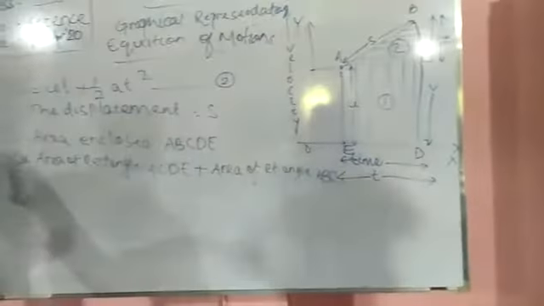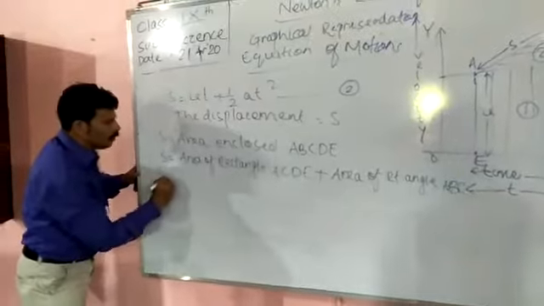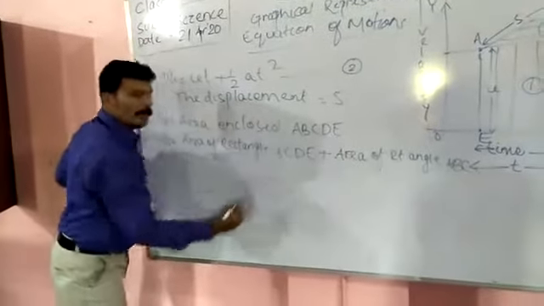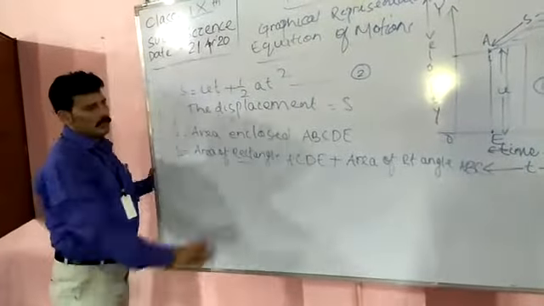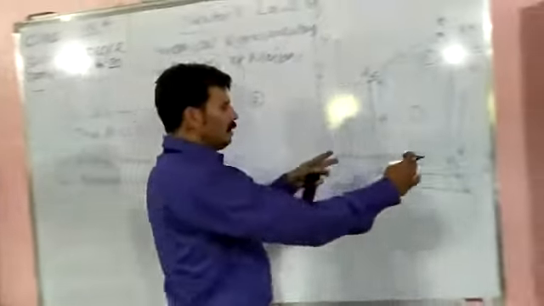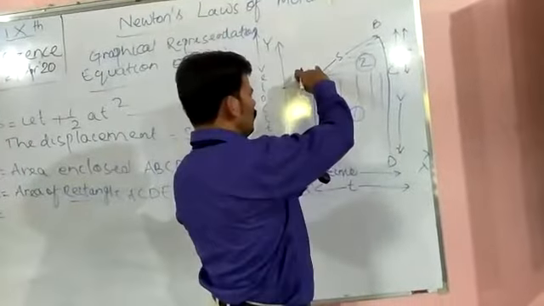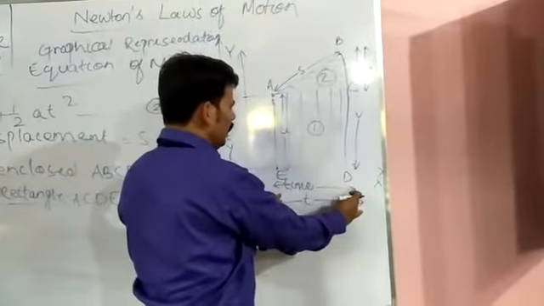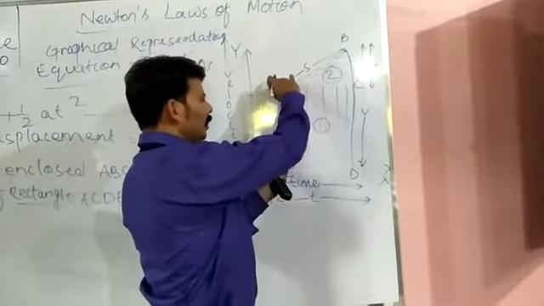If we calculate all these things, we know the area of a rectangle is equal to length into breadth. Length is denoted by t and breadth is denoted by u.